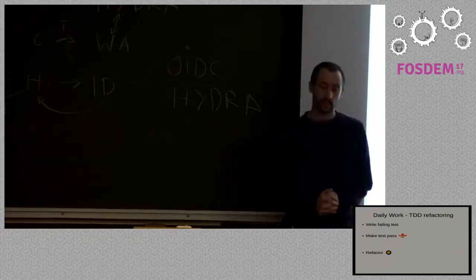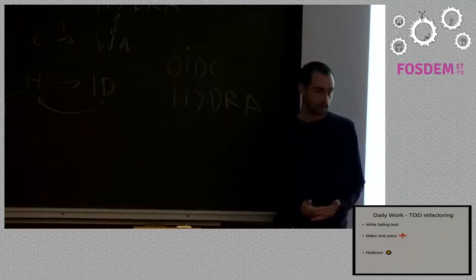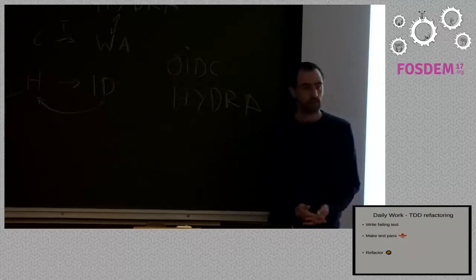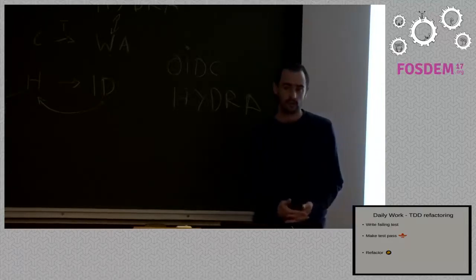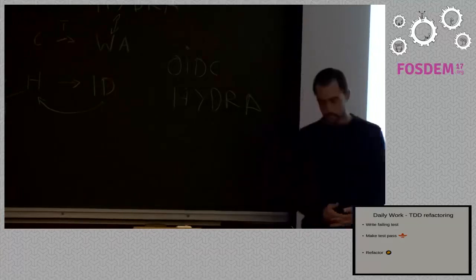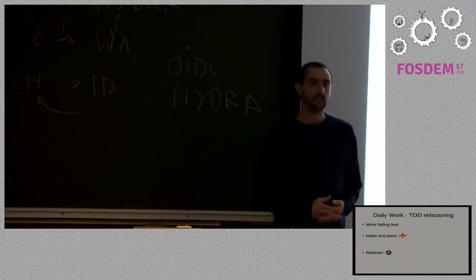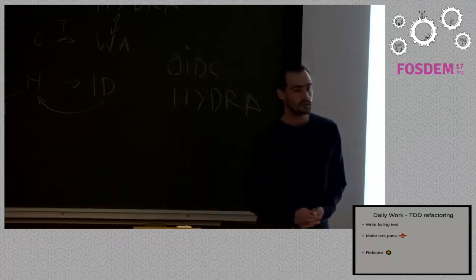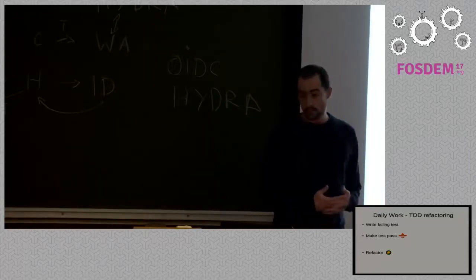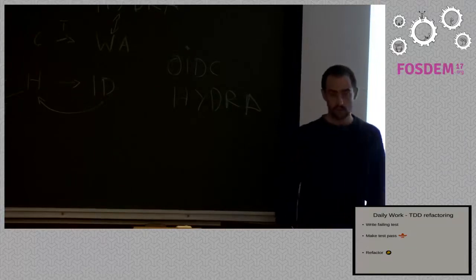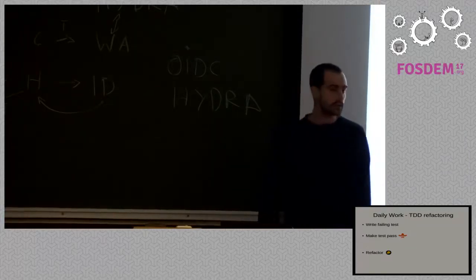TDD is a very nice way to code and to produce something which will be maintainable and without regressions. First thing, you write tests. You define the needs and targets of implementation of your new service just using failing assertions.